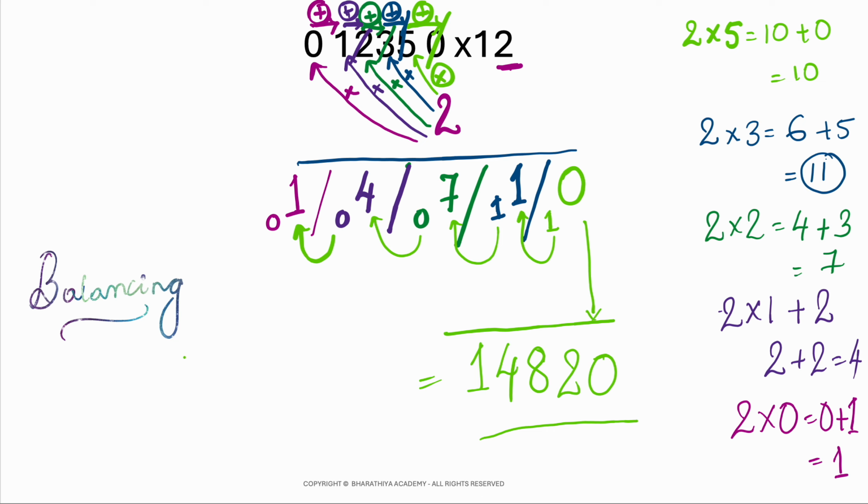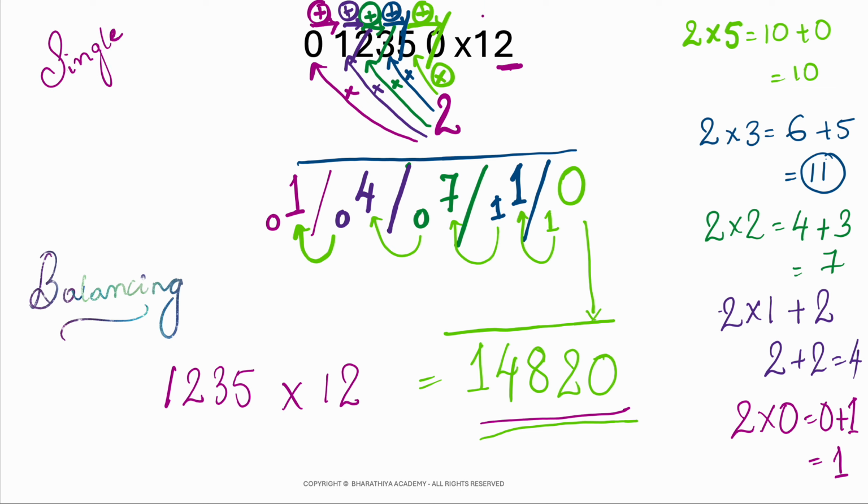14820. So when you multiply 1, 2, 3, 5 into 12, we get 14820. So this might look like a process, but trust me, it is really very easy when you practice it. So eventually, what you're doing is just single digit multiplication, right?